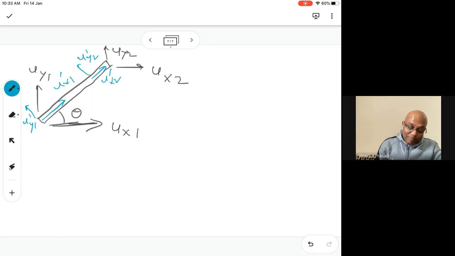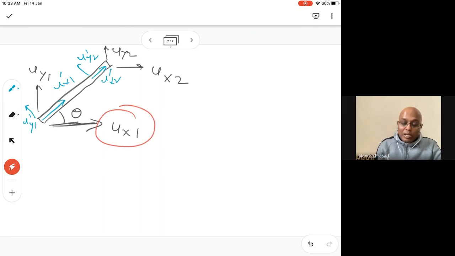This is the original, attached to the bar, which you call the local coordinate system. And these are the global coordinate system. Finally, we have to find the stiffness matrix in the global coordinate system.